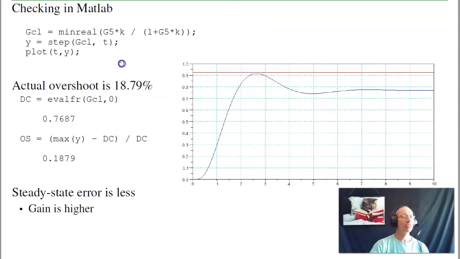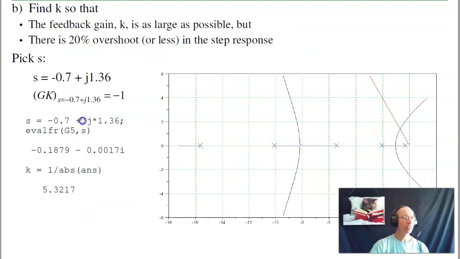If I simulate that in MATLAB, K is 5.32, find the closed loop system and plot it, I'll have 20% overshoot. Okay, that's 20% above the DC level. If I go into the simulation, again, remind myself, K is 5.3217.